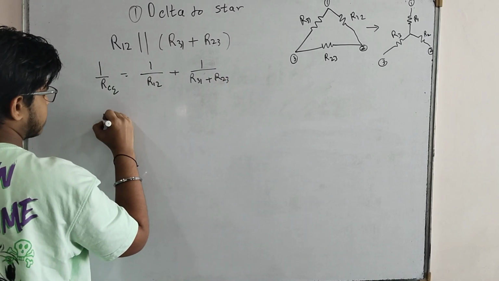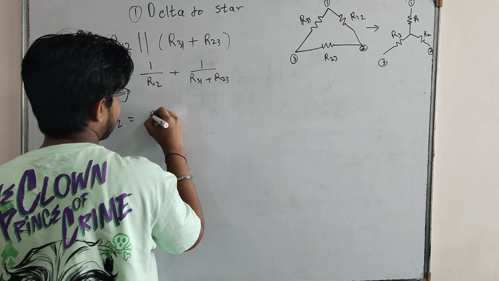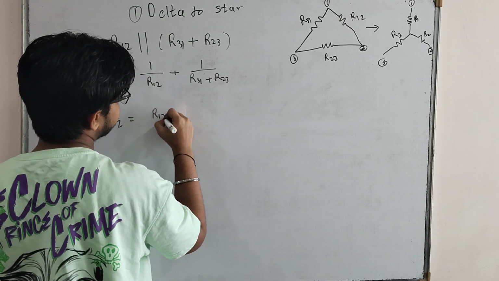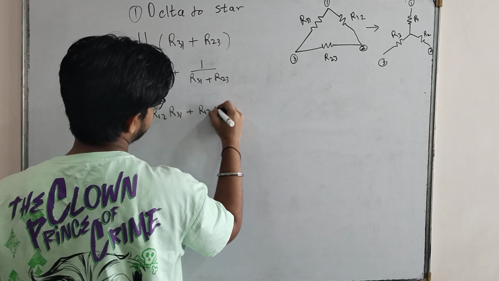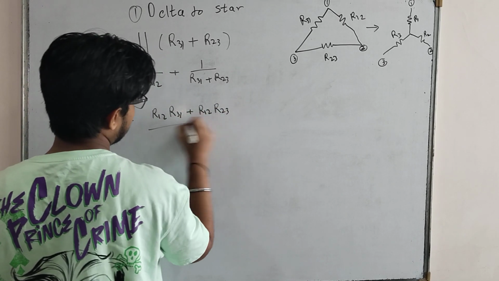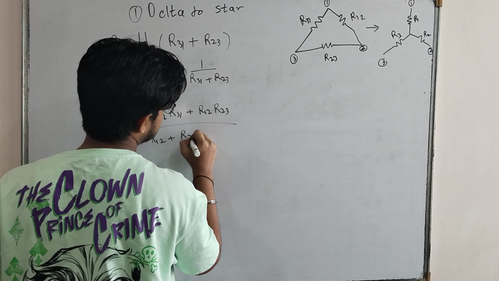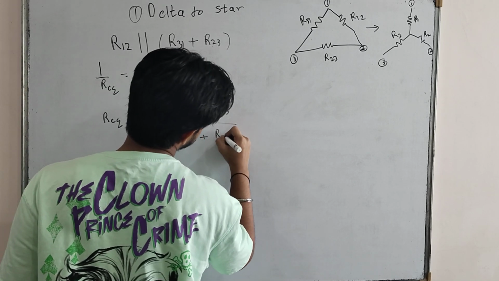On simplifying, we get R equivalent as R12 into R31 plus R12 into R23, whole divided by R12 plus R23 plus R31.